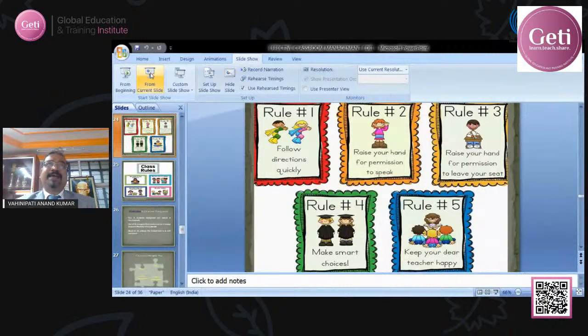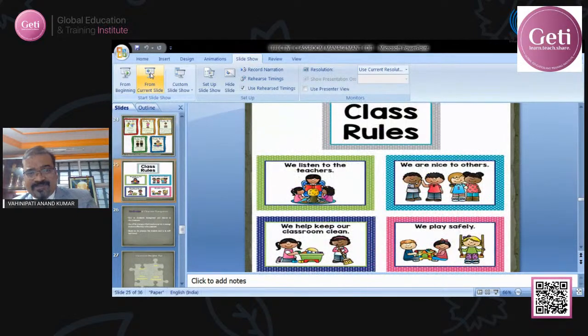This is just an example. This slide gives you an example of the rules. And here you see the instructions are in imperative sentences: follow directions quickly. But if the students frame it, this will be better language: we listen to the teachers, we are nice to others, we help keep our classroom clean, we play safely.